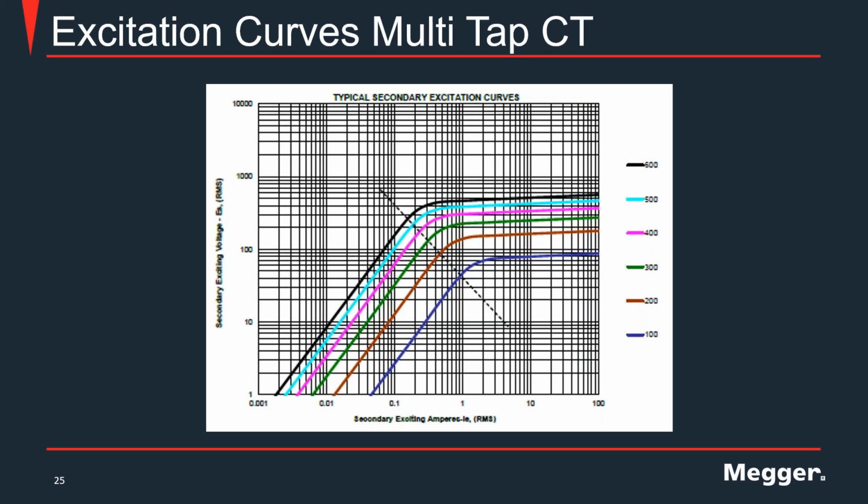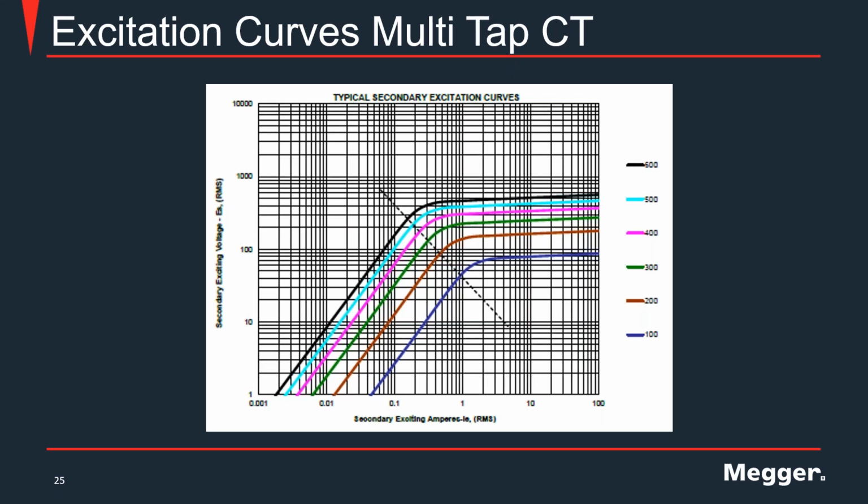All right. So Abel, how can we calculate the saturation voltage to verify the value we obtained in the test? Okay, depending on the type of CT that you're testing, and that's very important, what class of CT you are testing, there are equations out there by the CT manufacturer that you can use to calculate most of the parameters of the excitation curve.